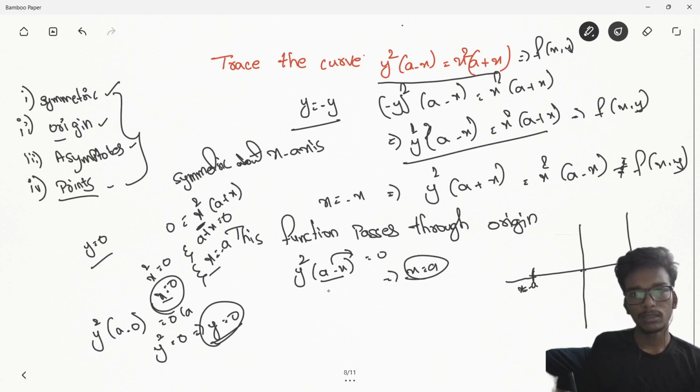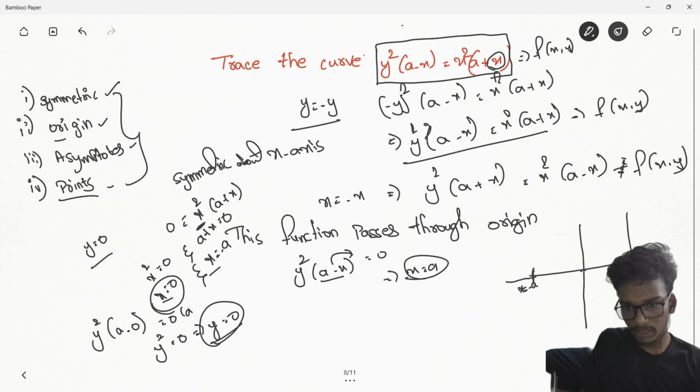Now by observing this function carefully, we can say that if x is going to be more than minus a, just check what is the possibility. If it's more than minus a, this term will be negative and this term will be positive. Negative into positive will be negative. Here, as we take x greater than minus a, the whole term will be positive.